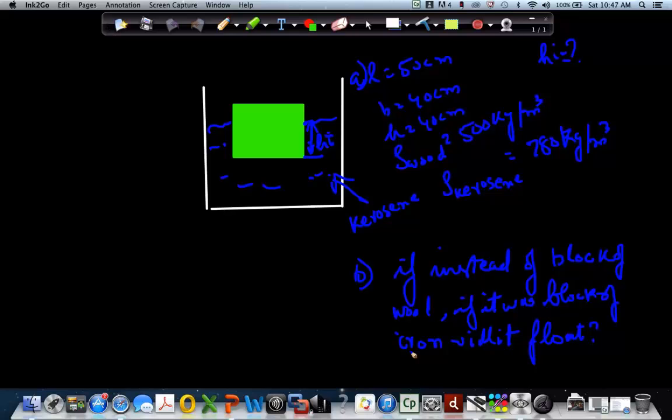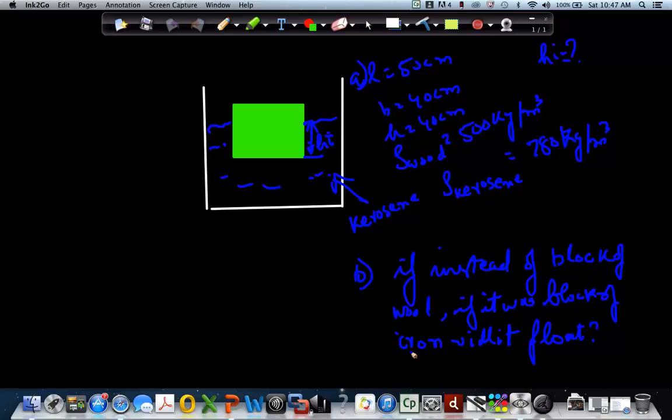You should understand, if anything has to float, the weight of the body should be equal to the buoyant force. What is the maximum buoyant force a body can have? If the whole body is immersed in the liquid, that's the maximum, because that's the maximum amount of volume it would have displaced.